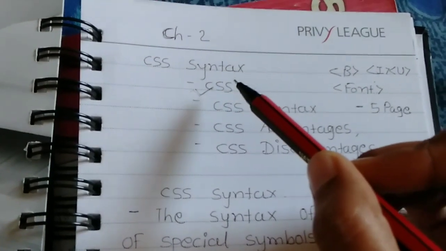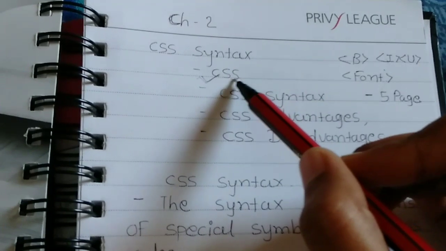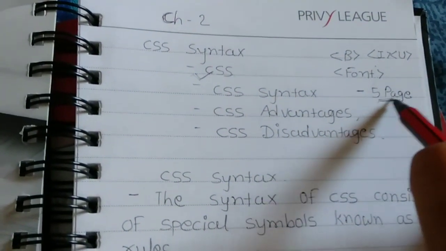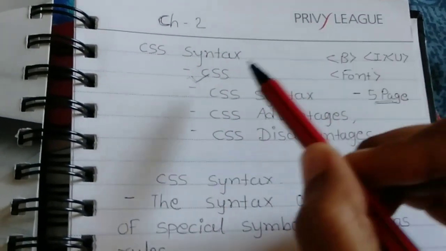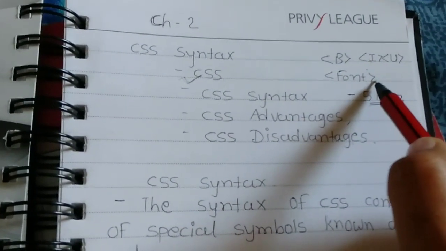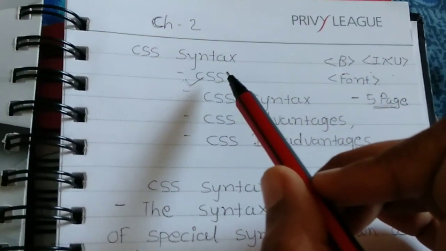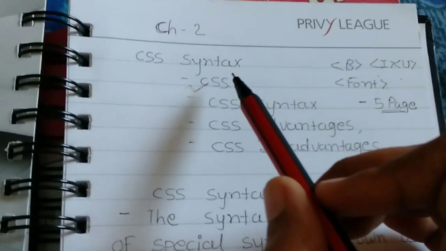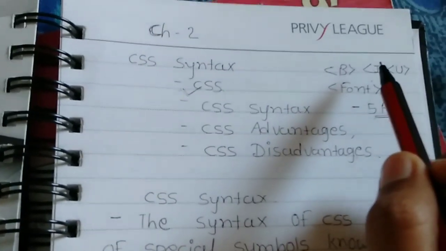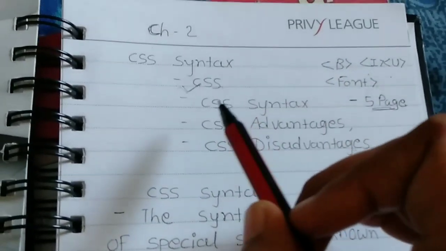You create CSS one time, and you can apply it to all pages. Understand why we are using CSS? In HTML you have to write all this code for all pages, while in CSS you write only one time and apply it to all pages. So CSS is better than HTML tags.